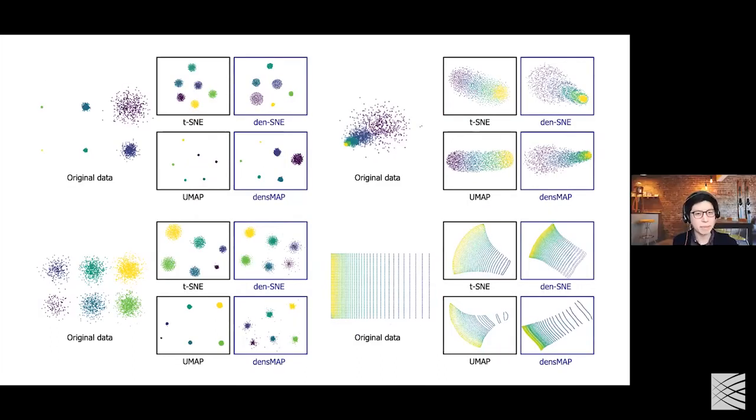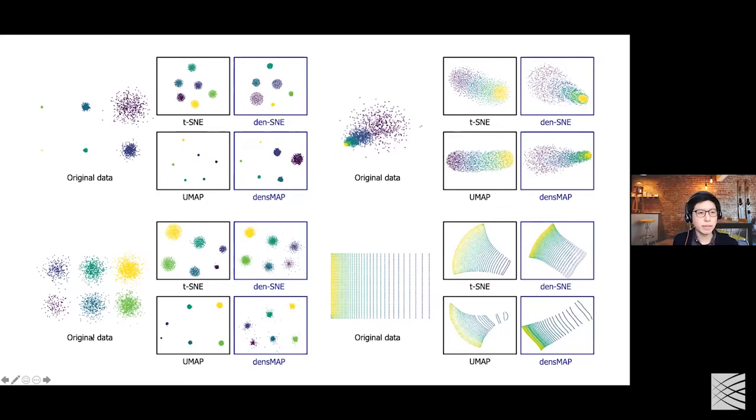Okay, so here are some examples. When we apply our new methods to the examples that I showed you earlier, we observe across the board that the shape of the underlying data set is more accurately captured now. In this example of 6 Gaussian point clouds of varying variances, the dense-SNE and dense-map images more accurately reflect the true sizes of these clusters. The same is true for this trajectory data, where now we can see this expansion pattern in our images.